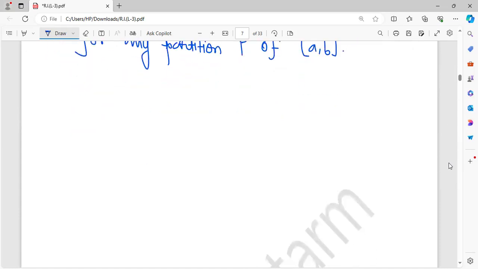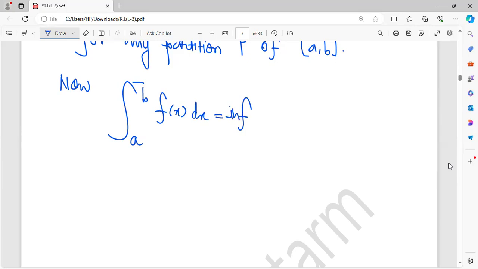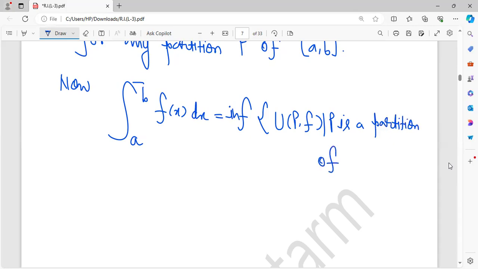Okay, so now what is the upper Riemann integral? This is the infimum of U(P, f), where P is a partition of [a, b]. Now what is the value of U(P, f)?